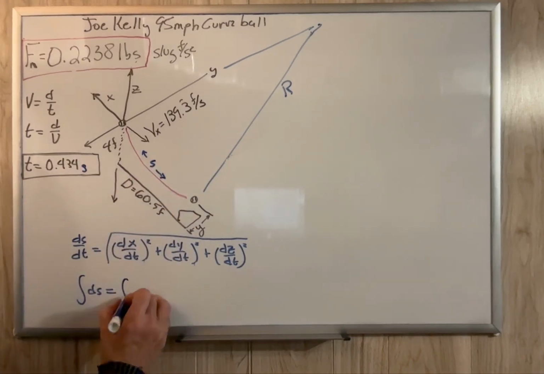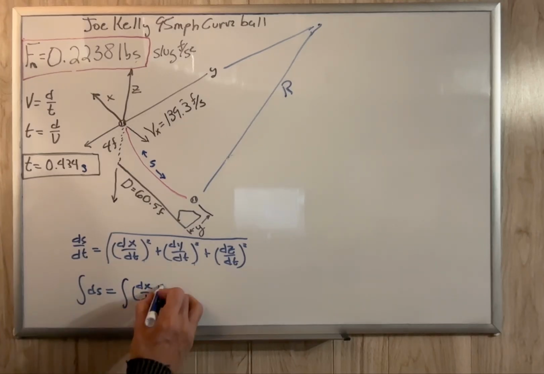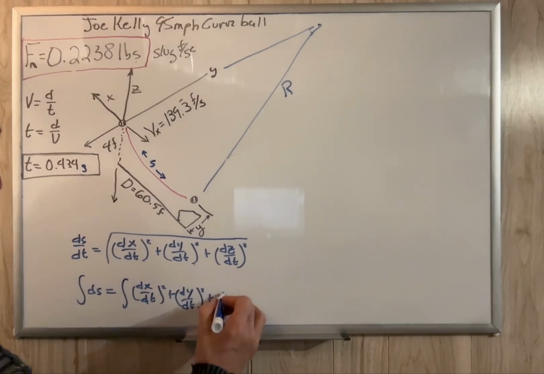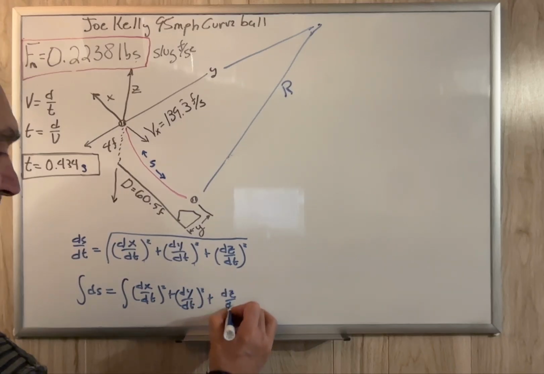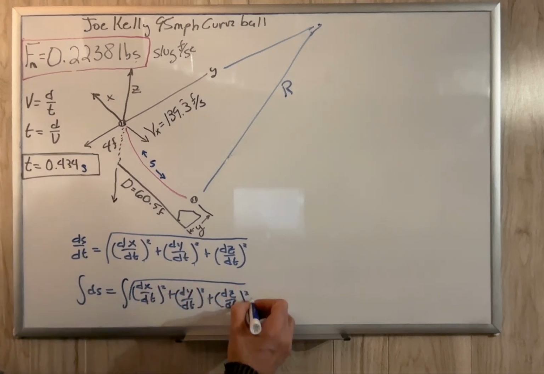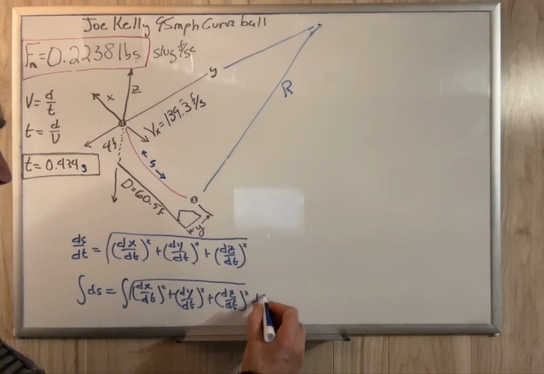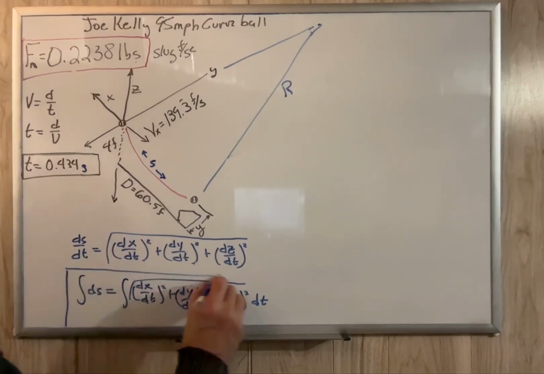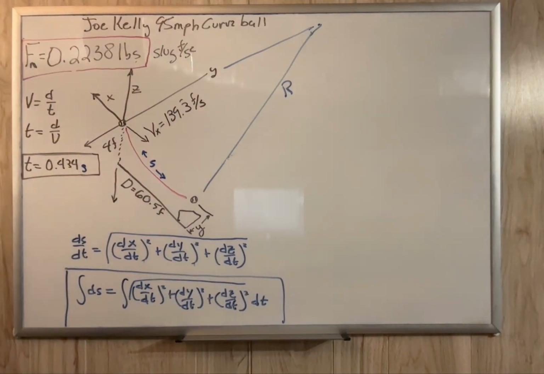And if we integrate this horrible thing, the square root of (dx/dt) squared plus (dy/dt) squared plus (dz/dt) squared, with respect to t, well, this would be our definition of what s would be. Most of the questions are, where are these things, and how do we take the derivatives to get to these?